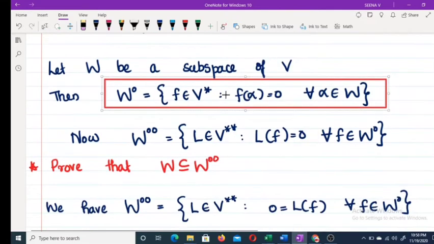Now, what is W double naught? The double annihilator. This is from W naught, that means f belongs to V star.